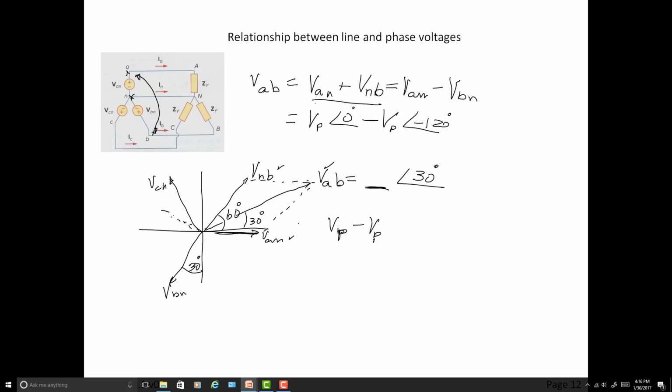We now have the actual vectors there. So if I'm subtracting VNB, I've really got, what? Plus VP times whatever the real projection of this is and whatever the imaginary projection of this is, right? We want that, and we want that.